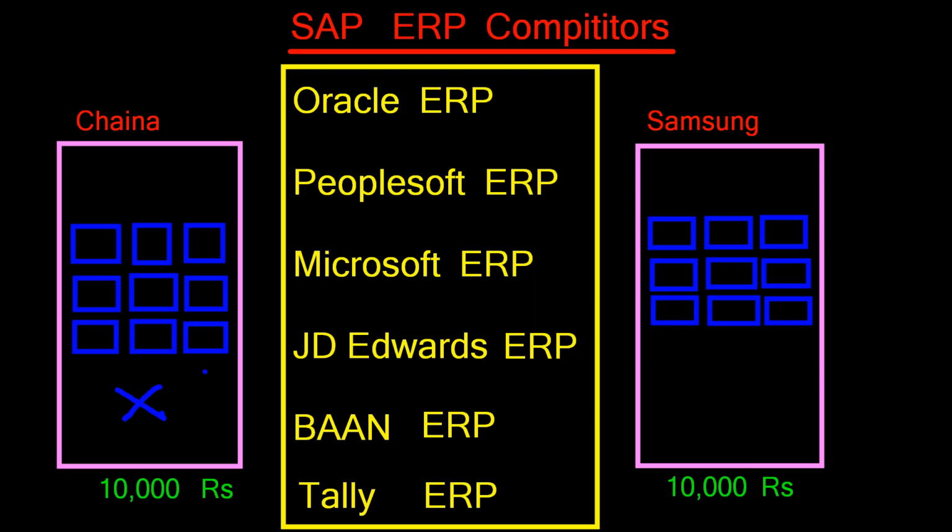Whatever apps are provided by the mobile, 6 apps only, these 6 apps only we can use. But coming to Samsung, based on the requirement, we are able to install a number of apps with the help of Play Store. In the Play Store, we can just go, based on the requirement, search the app. We can install Google Pay, Phone Pay, banking apps, any apps.